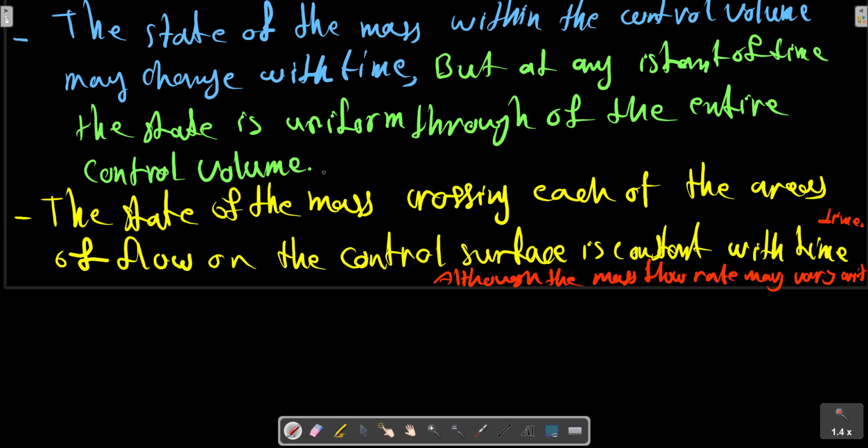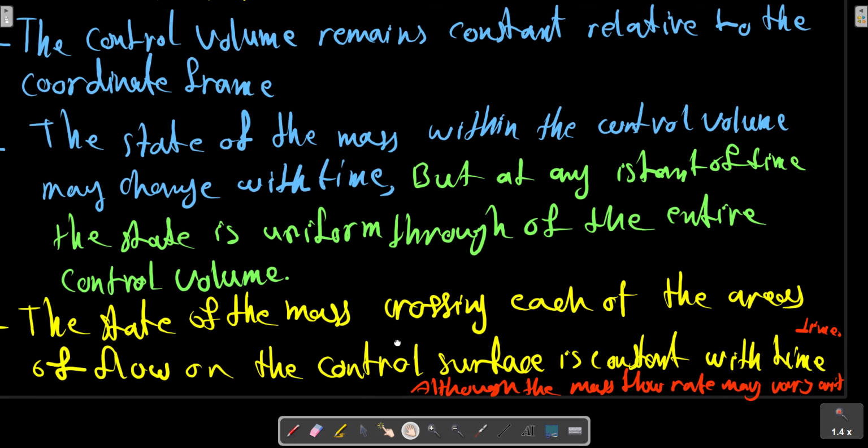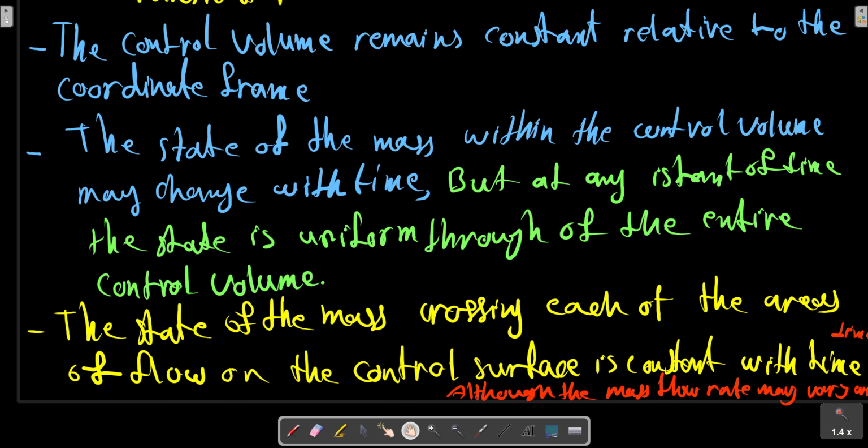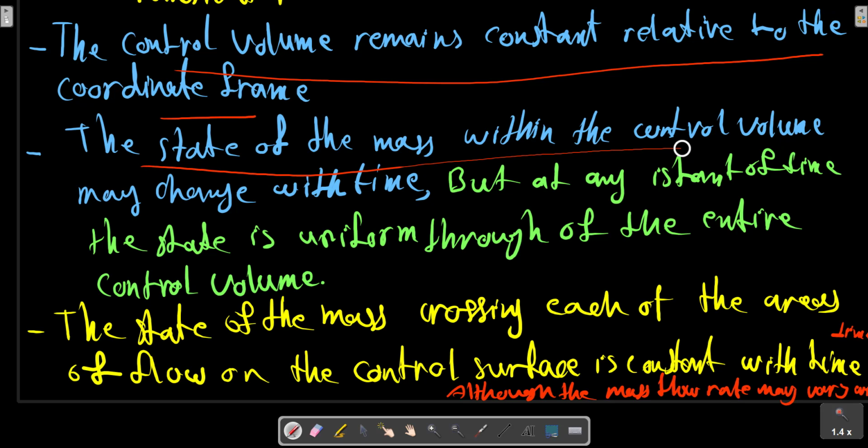Anyway, we have three assumptions here. First, the control volume remains constant relative to the coordinate frame. The state of the mass within the control volume may change with time, but at any instant of time, the state is uniform.